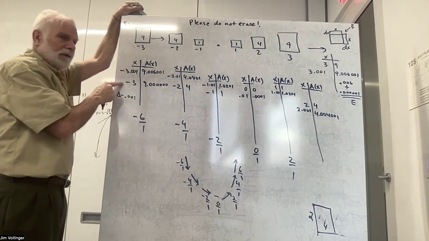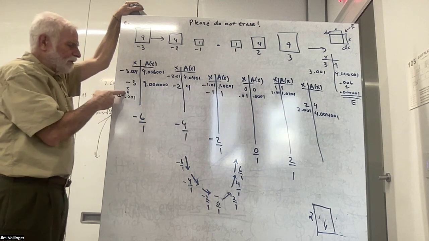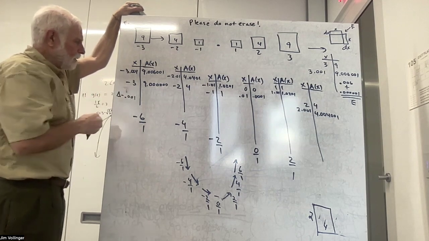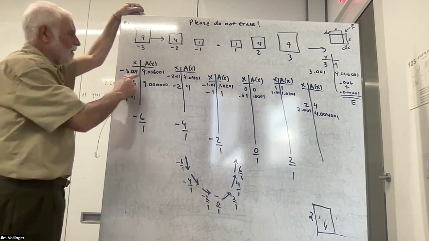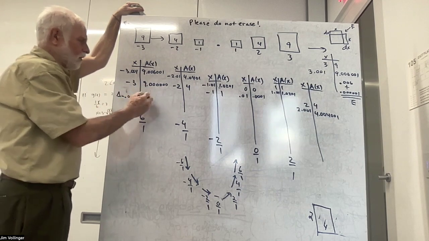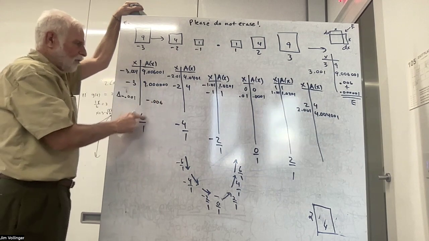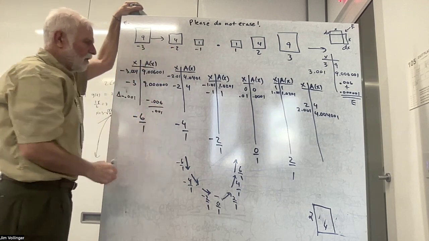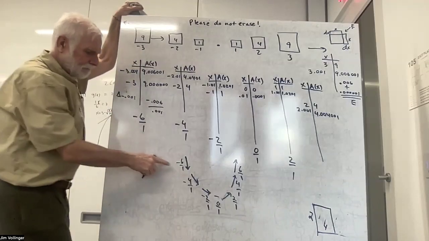That's a smaller number than that. So 5 is a smaller number than 6. 5 to 6 is 1 unit of change going up. From this one to this one is down 0.006. I'm going down at 6 to 1 at this instant.